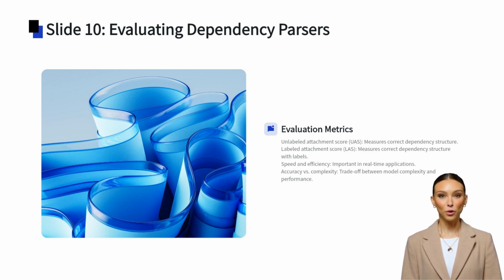Unlabeled attachment score, UAS, measures the percentage of words in a sentence that have the correct head, regardless of the dependency label. Labeled attachment score, LAS, is more stringent, as it also considers whether the correct dependency label is assigned to the edge between the head and the dependent.